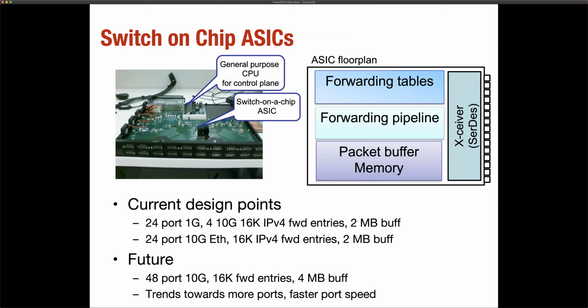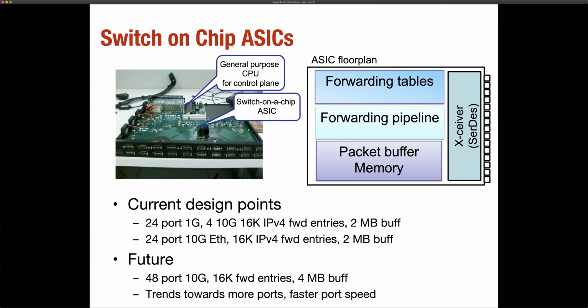So if you talk about building blocks, switch-on-chip ASICs were very popular in data center networks. It has been embraced. Unlike the conventional layer 2 switches, or the switches designed by companies like Cisco or Juniper, these are very cheap.